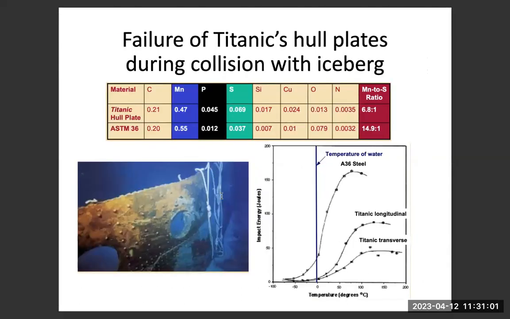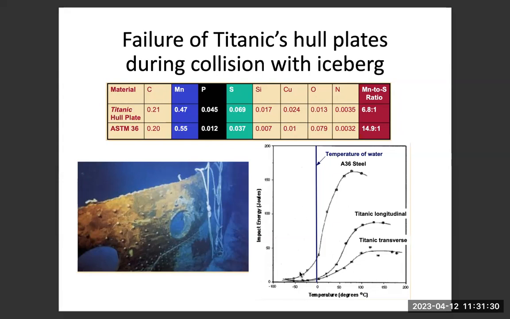Like the giant ship Titanic, the material, the hull plate, ASTM A36, is brittle. Once it hit the iceberg, below 0 it is brittle. So around -50, it doesn't carry too much load.